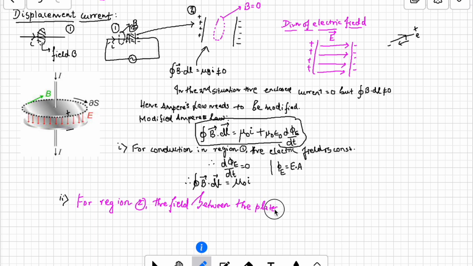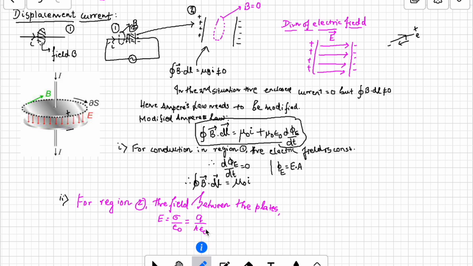So what can I do here is that in general, if you remember your lower classes, the electric field between two parallel plates is nothing but E is equal to sigma divided by epsilon naught. What is sigma? Sigma is the charge density. In fact it is the charge per unit area, right? So we can say it is nothing but Q divided by A epsilon naught.